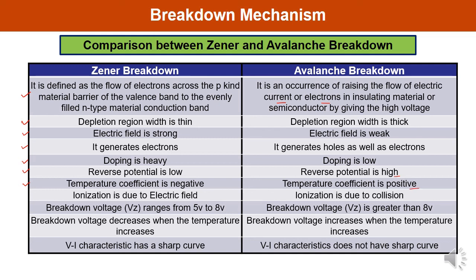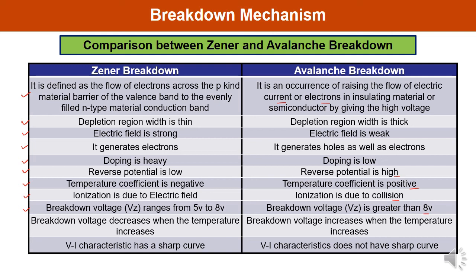In case of Zener, ionization is due to the electric field, while in case of the avalanche effect, ionization is due to collision. If we talk about the breakdown voltage, for a Zener diode it ranges from 5 to 8 volts, while for avalanche it is observed as greater than 8 volts.